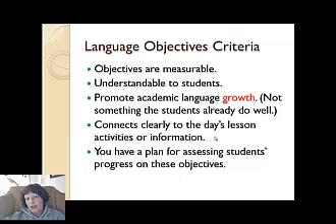So just double check yourself on that. And then you have a plan for assessing the student's progress on these objectives. So formative assessment or summative assessment, but how are you going to know whether they're progressing in their language development?